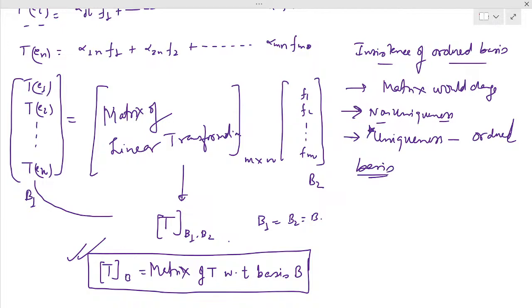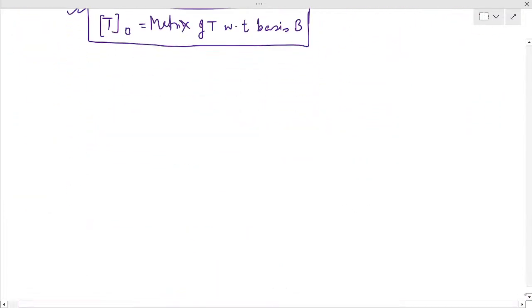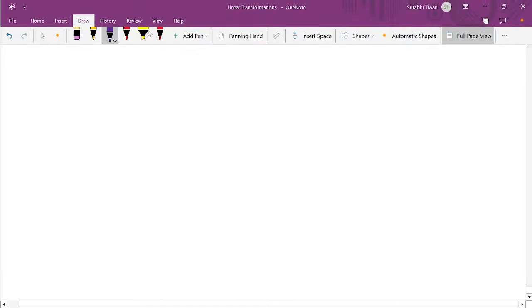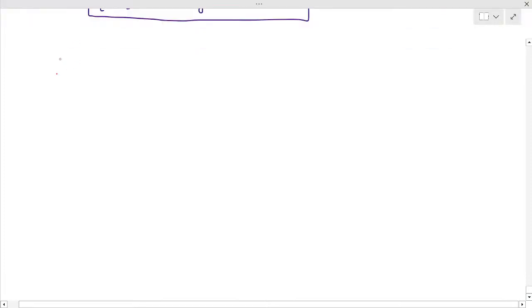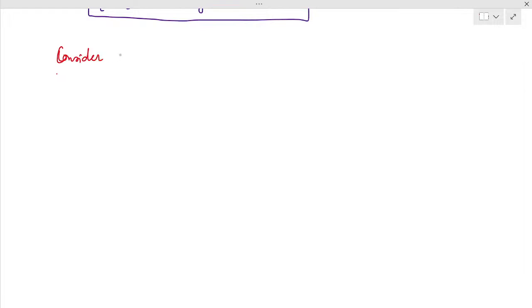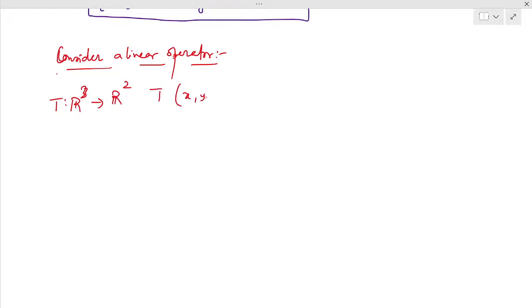Is that clear? So let us develop the same theory and try to do questions that way. Okay, so consider a linear operator. I'm just giving simple examples first. Consider a linear operator T from R cube to R square, such that T of (x, y, z) equals (x, y) simply.